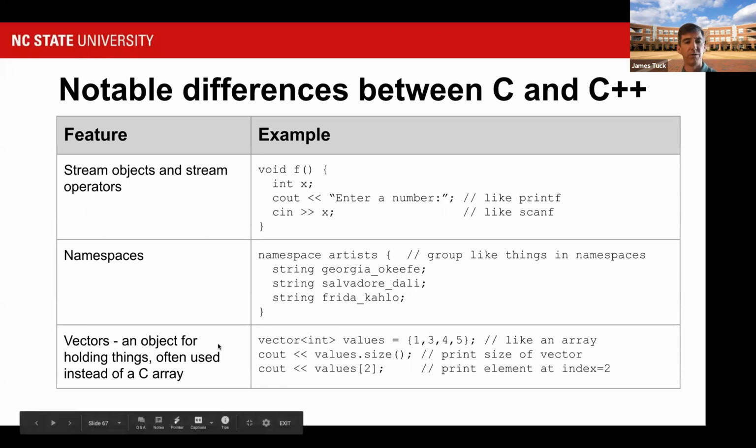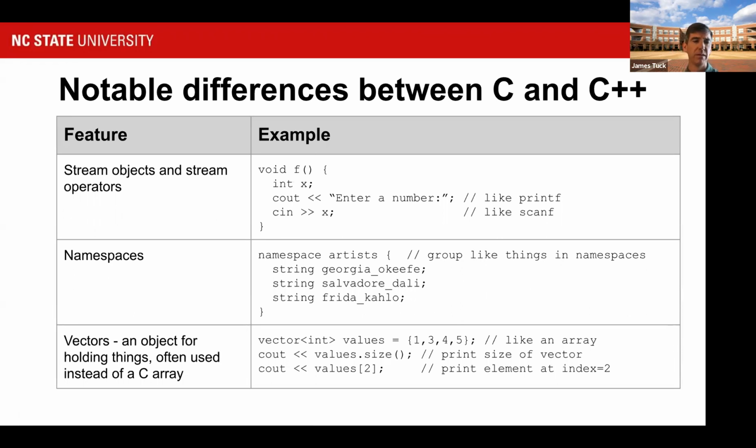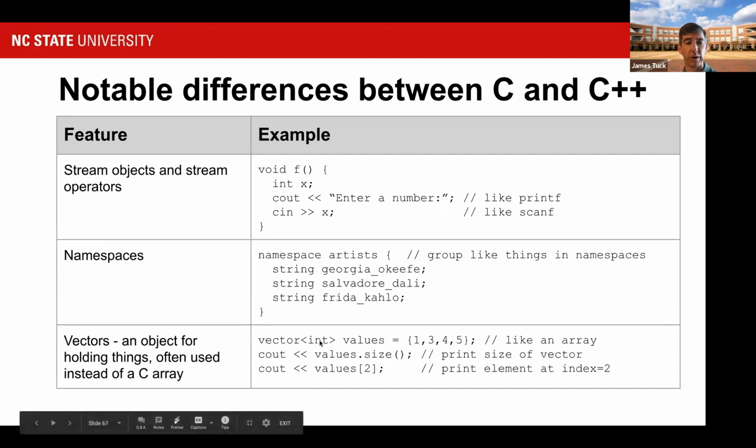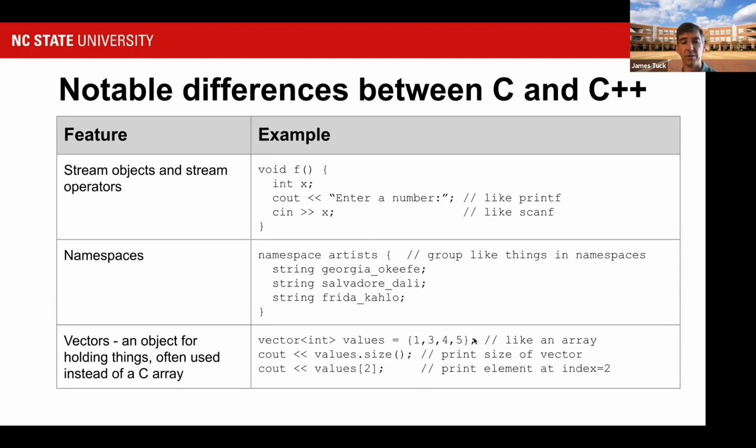Okay, and then there's a whole slew of other kinds of objects that we're going to take advantage of. One common one is a vector. With vectors, you can parameterize the kind of type they take. Like you can say, I want a vector of int, and then you can stick a bunch of ints inside of it, and use it like an array.